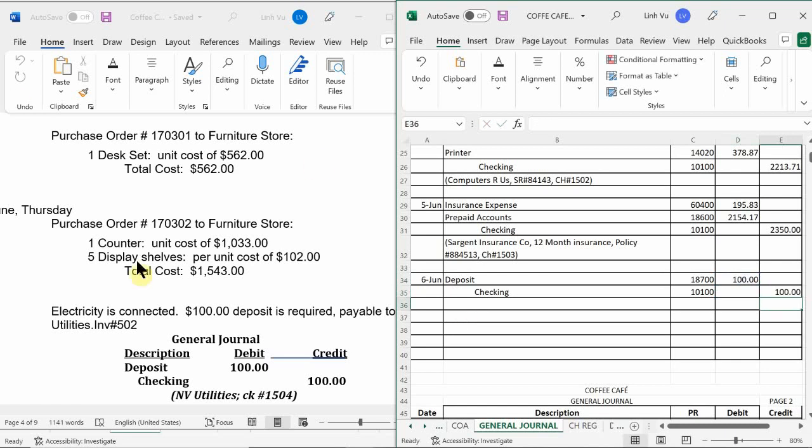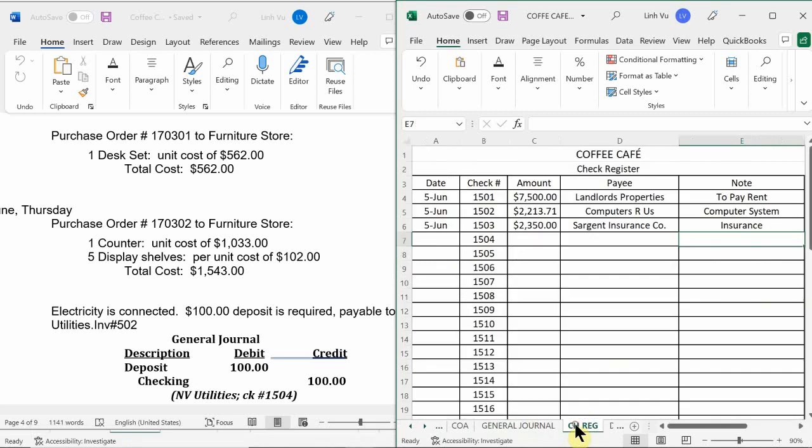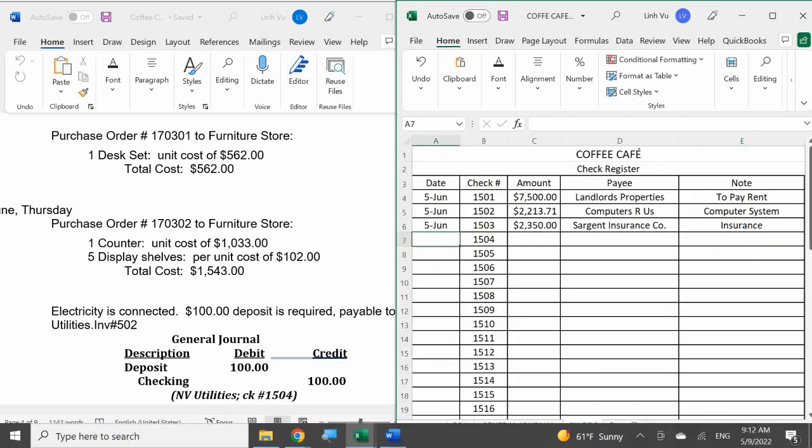Okay. So let's go ahead and write our check out. Today is the 6th. We paid $100 to who? NV Utilities. And why? Electricity.